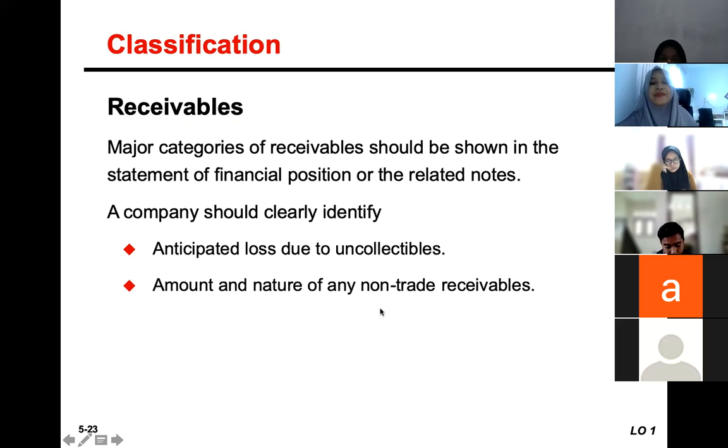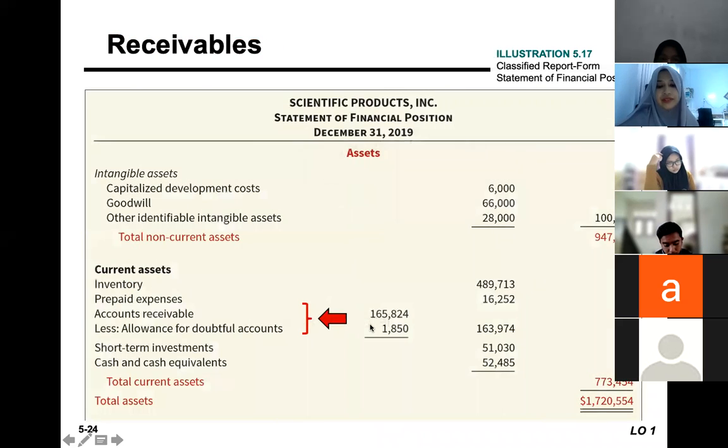For any non-trade receivables, for example, receivables coming from non-trading activities, maybe from the employees, from the subsidiary, or others. Or if receivables are used as collateral, it's very common in the business world.